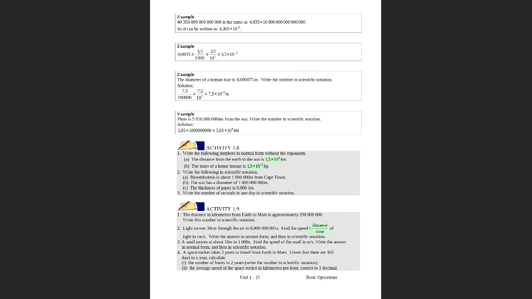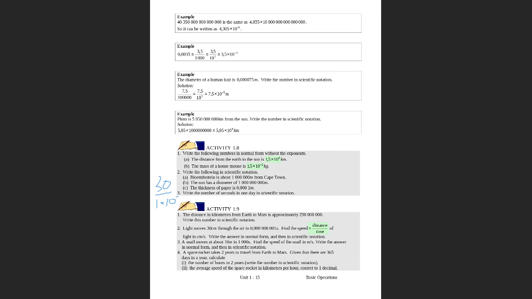Now, you can just divide 30 by 1 times 10 to the power negative 8.